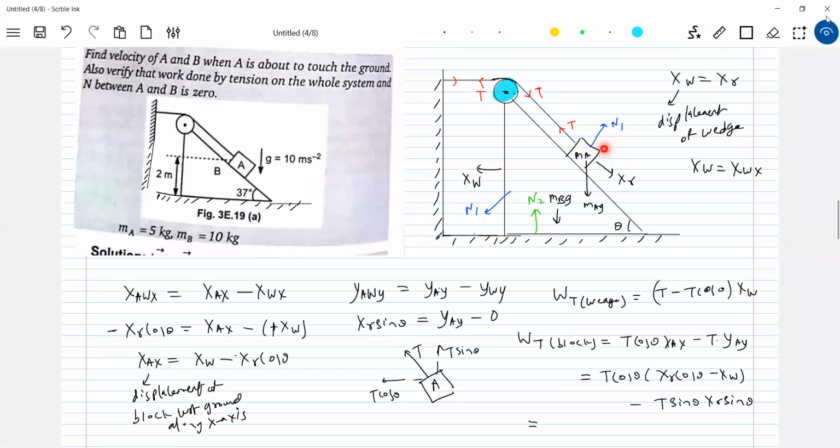XR cos theta will be towards right. Therefore these two should have opposite signs. And towards left, I'm taking positive. So here it should be XW minus XR cos theta.